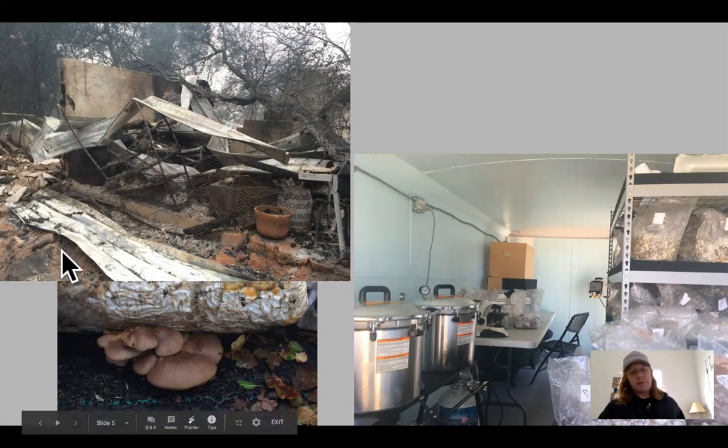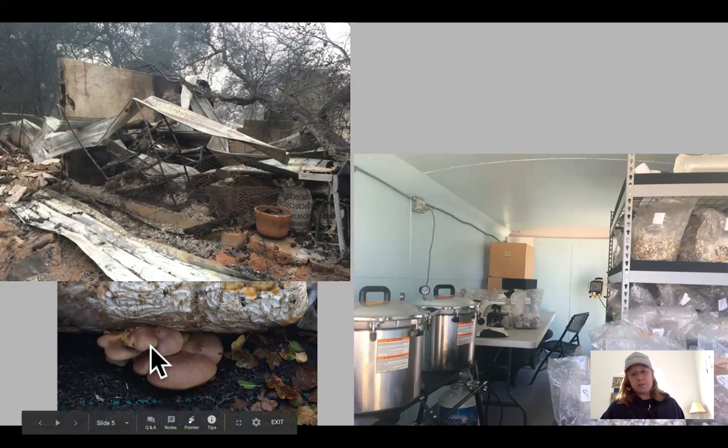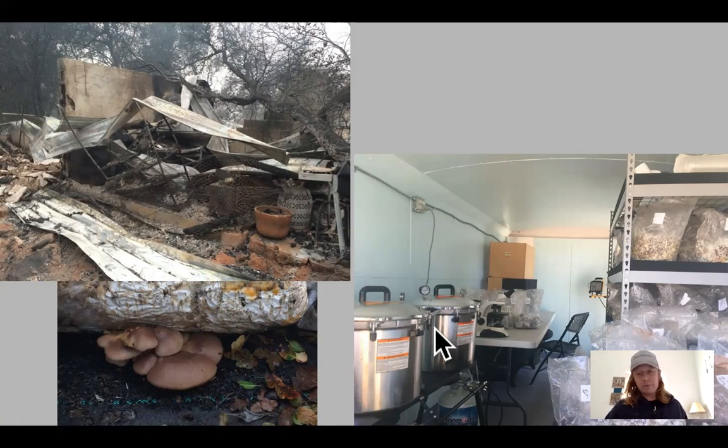In the upper left-hand corner here, I had a fairly nice laboratory, and it was destroyed in this forest fire called the Camp Fire here in Northern California. And the fungi, while they were burned and scorched, lived through the process. Inspired by that, I've built up a very simplistic laboratory in a cargo trailer here. That's my mushroom farm as of now.